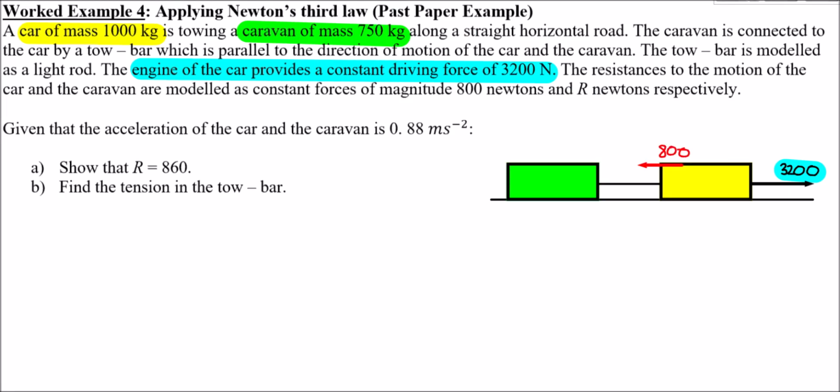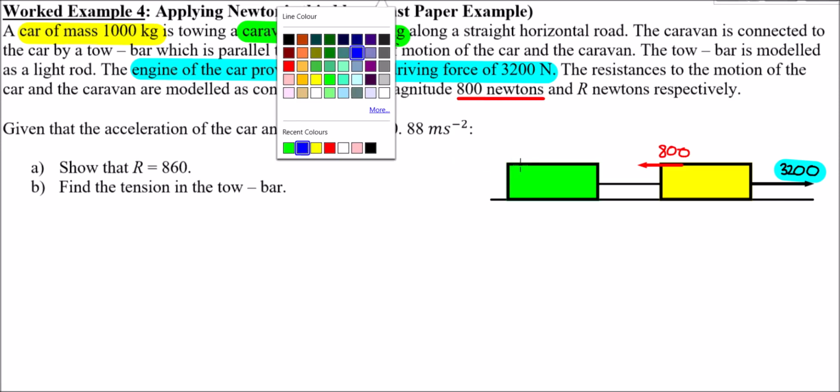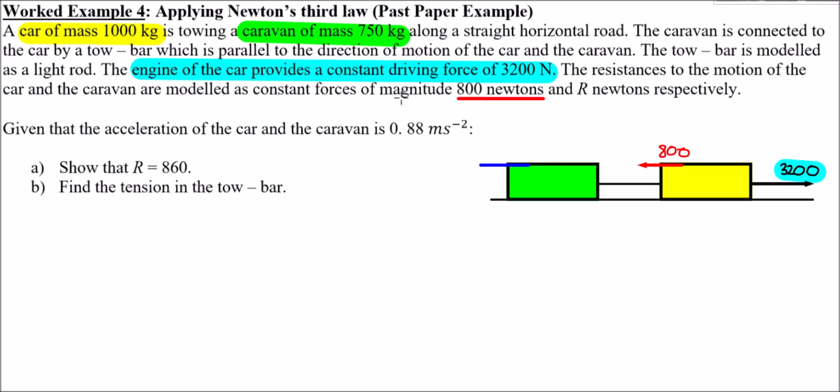And again, for the caravan, there's a resistive force of R newtons, which needs to be calculated in a moment. And again, with this system, there's going to be a force, a tension in this tow bar.